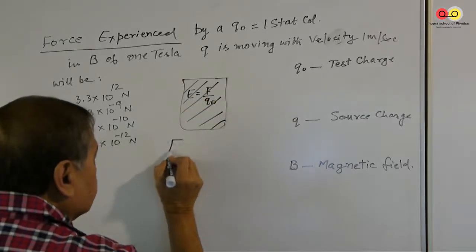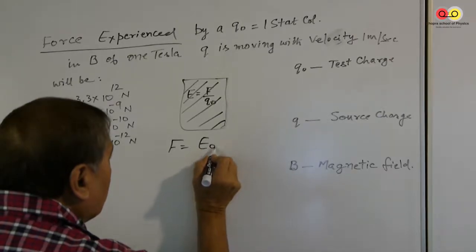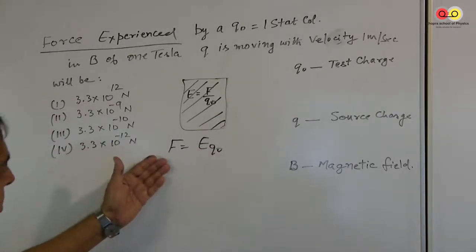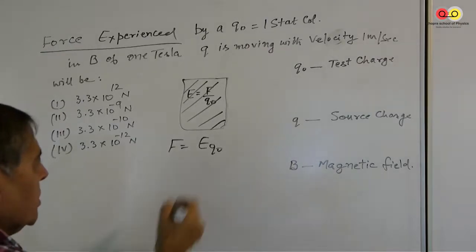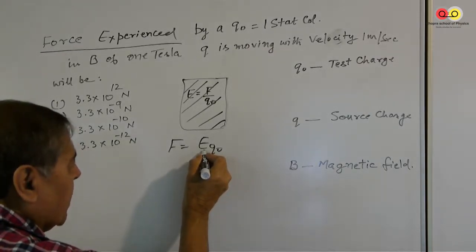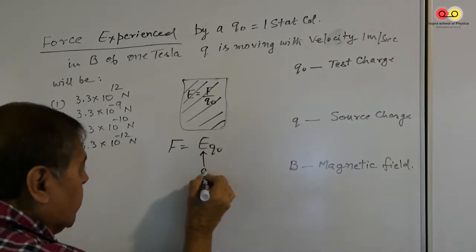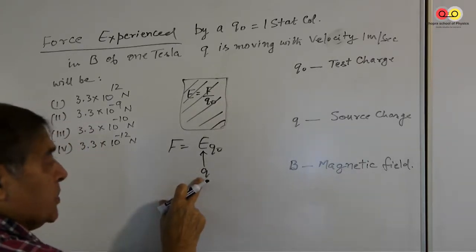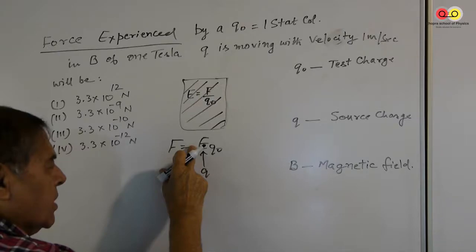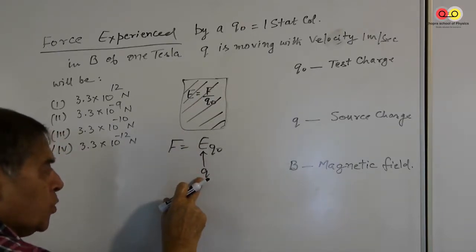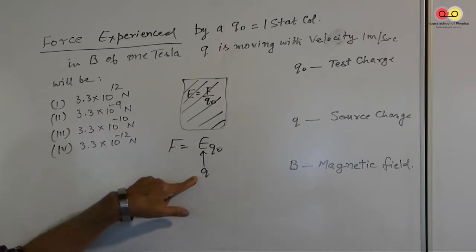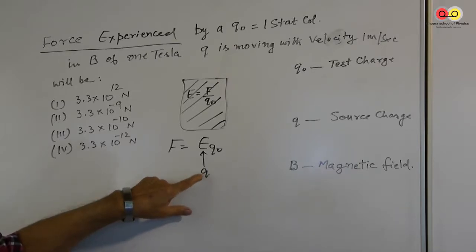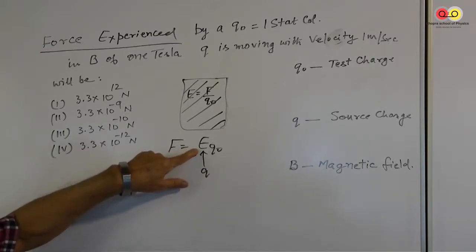And when we write F is equal to EQ naught, then we have to interpret this formula. E is electric field. This electric field is generated by Q. So you remember Q is the source charge. The function of the source charge is to generate electric field. And also you remember that this source charge is static, not moving, at rest. So Q is the source charge, this is static, and around this charge the field developed is E.